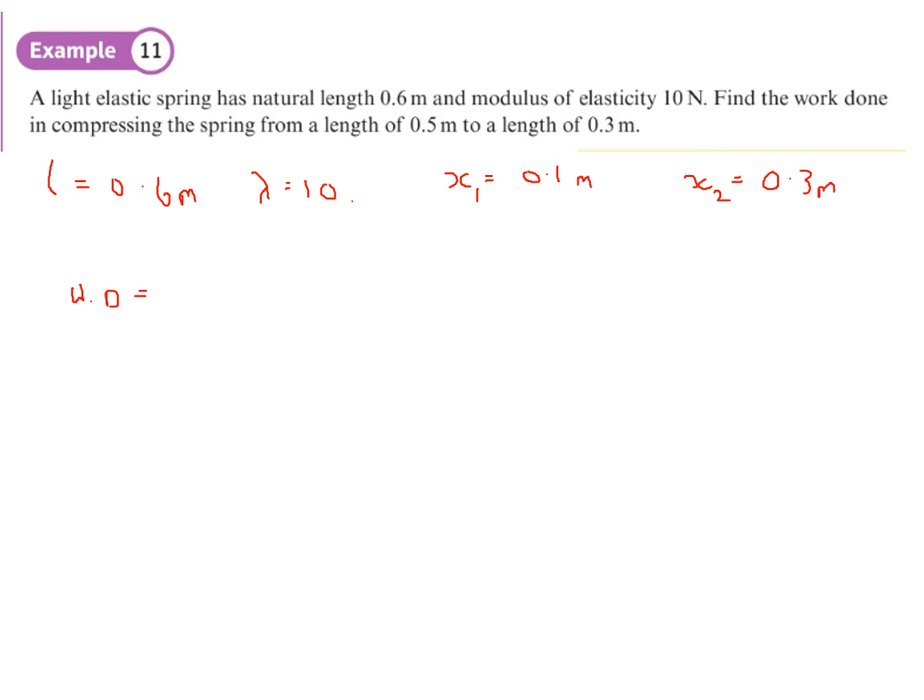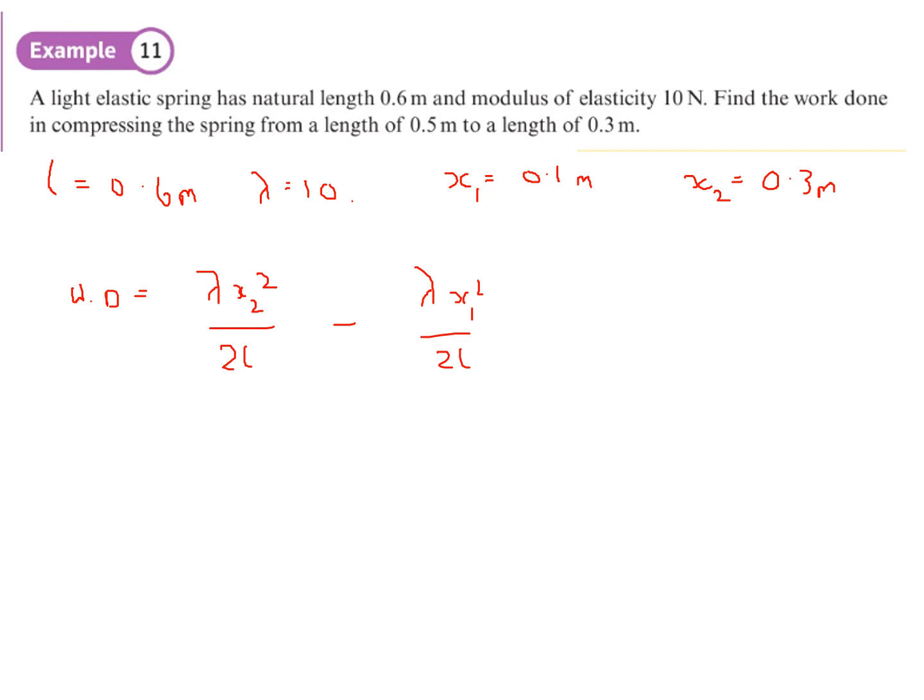There's going to be more elastic potential energy at the 0.3 length than at the 0.1 length. So we're going to do lambda x2 squared over 2L, that's the elastic potential energy at 0.3 meters, minus lambda x1 squared over 2L.